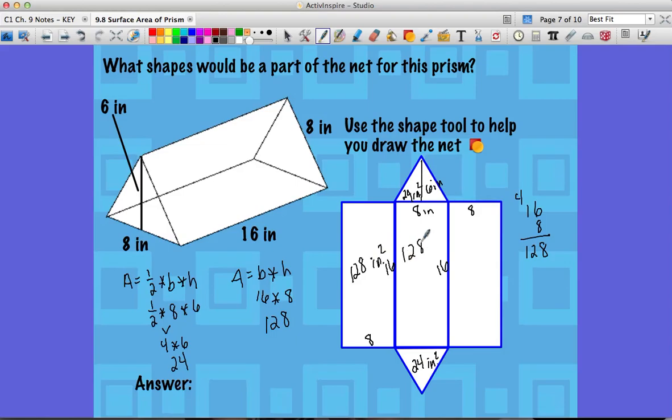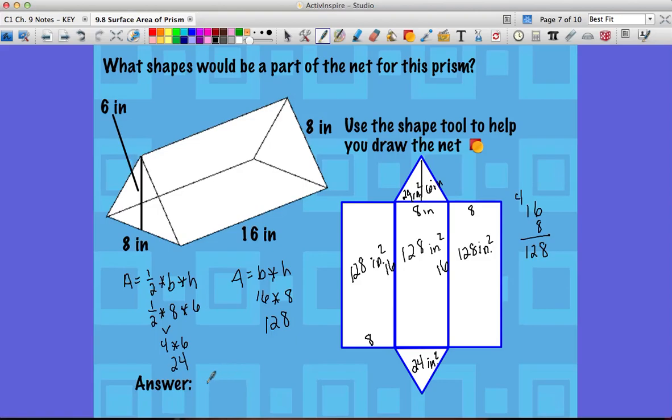All right, so now that I have all these figured out, I need to put them all together. You can kind of look at the surface area as a complex figure. It's like you're taking a 3D figure and peeling it apart and making it a flat, complex figure. So now you have to take all these areas and add them together.